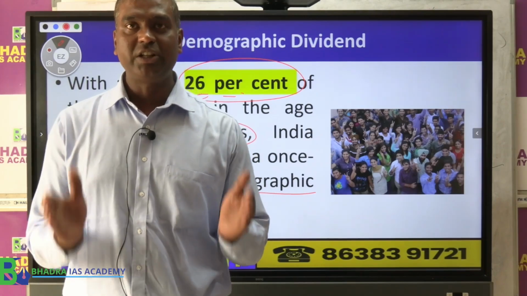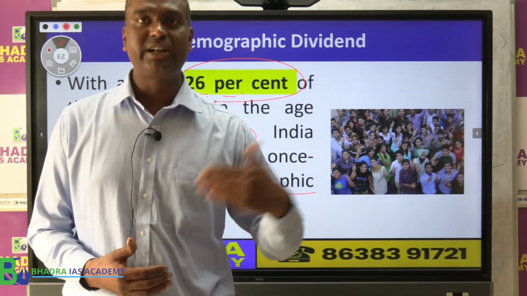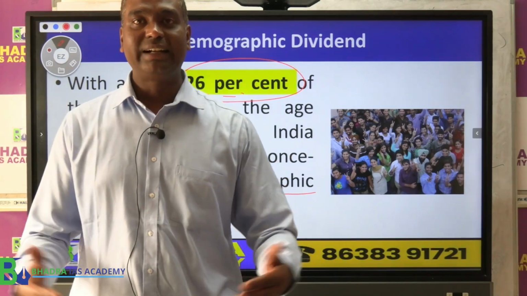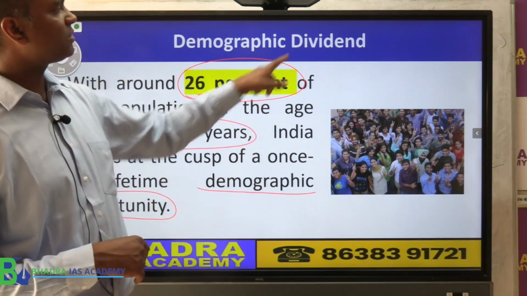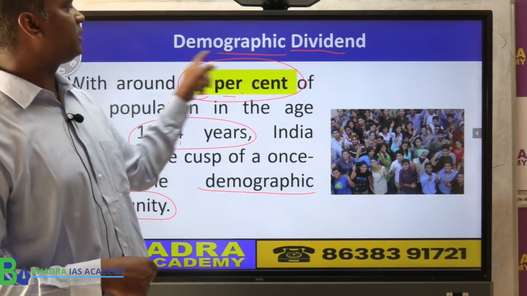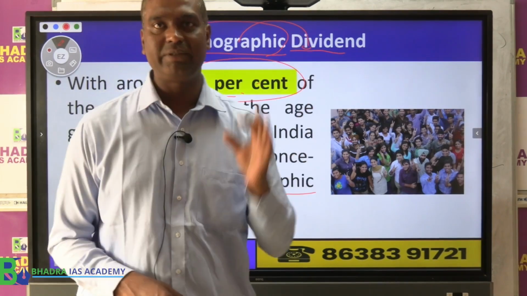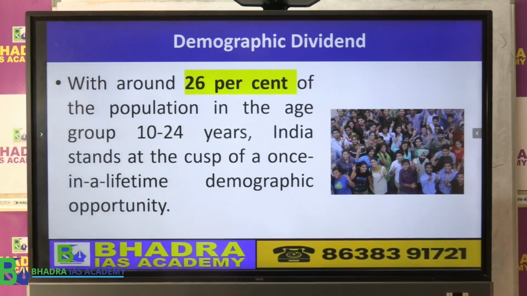If that population is more in the total population, they will contribute to GDP growth, and so the economy will grow. That is the advantage of a young population. That advantage is called dividend, and because it is related to population, it is called demographic dividend. Clear? So now this demographic dividend opportunity is very much present in India.